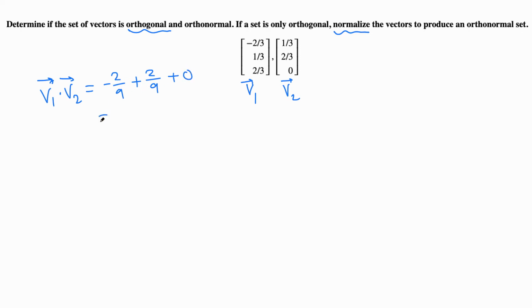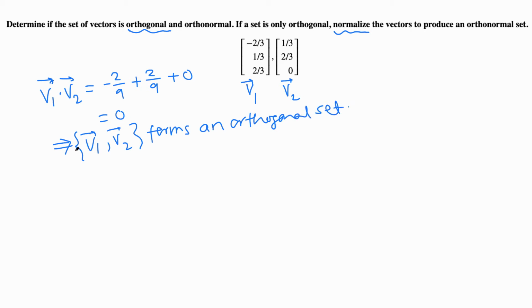This is negative 2/9 plus 2/9, 0. That implies v1, v2 forms an orthogonal set.